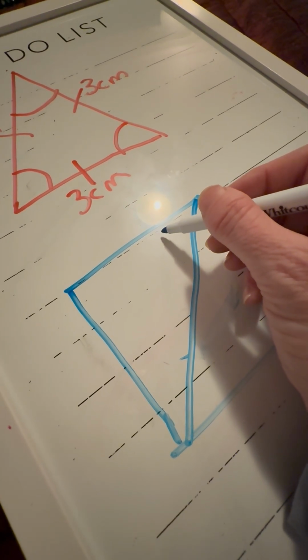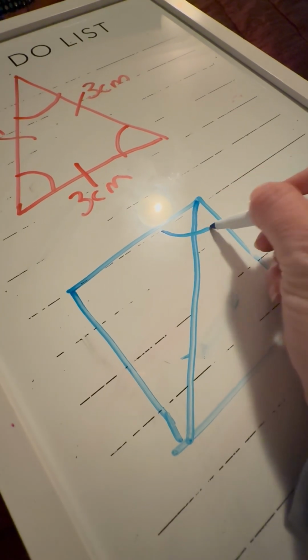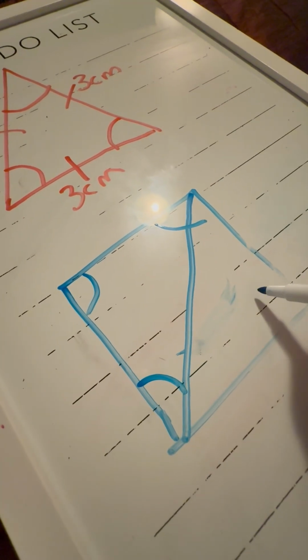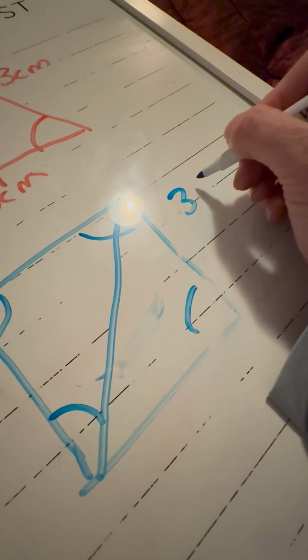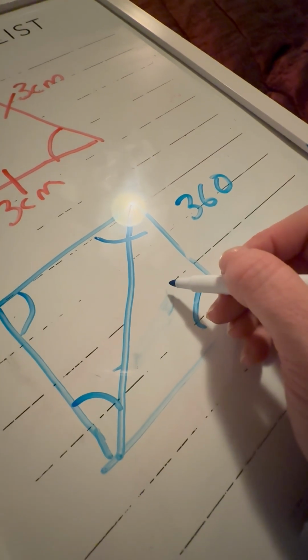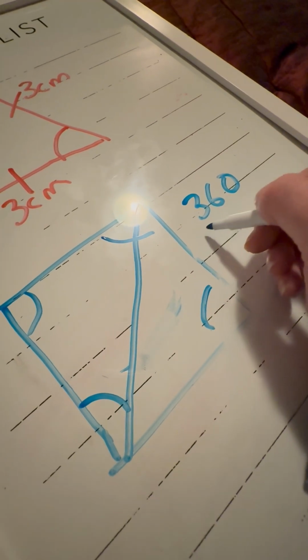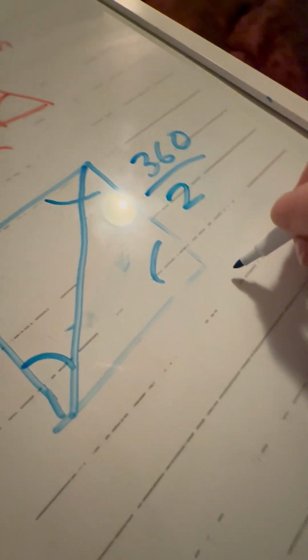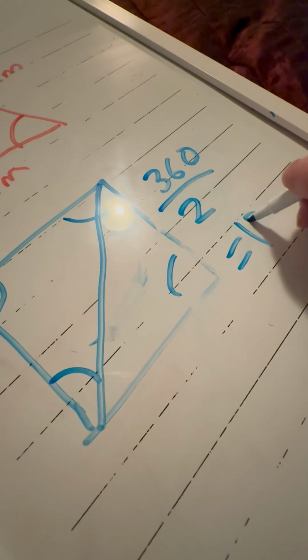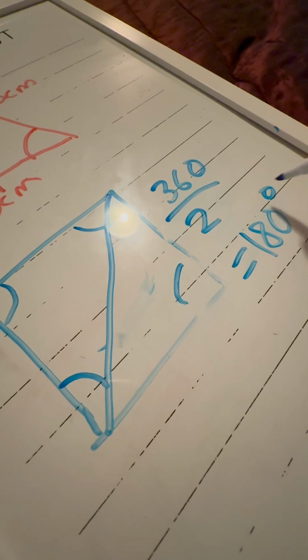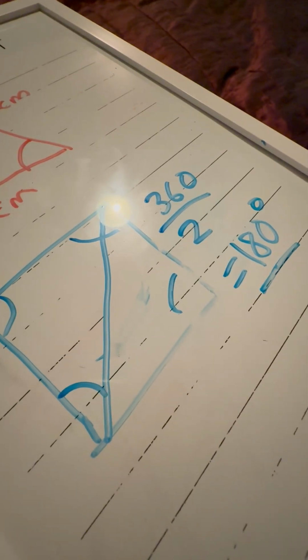So if all the angles inside a square make 360, and we've divided the square in 2 to make 2 triangles, we know that all the angles in a triangle must always equal 180 degrees.